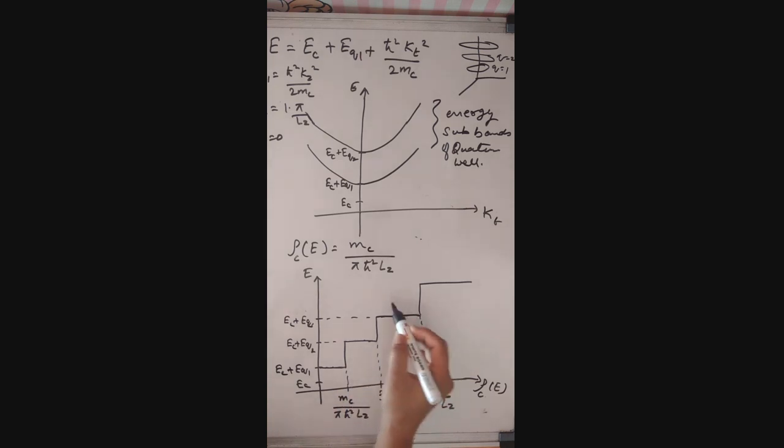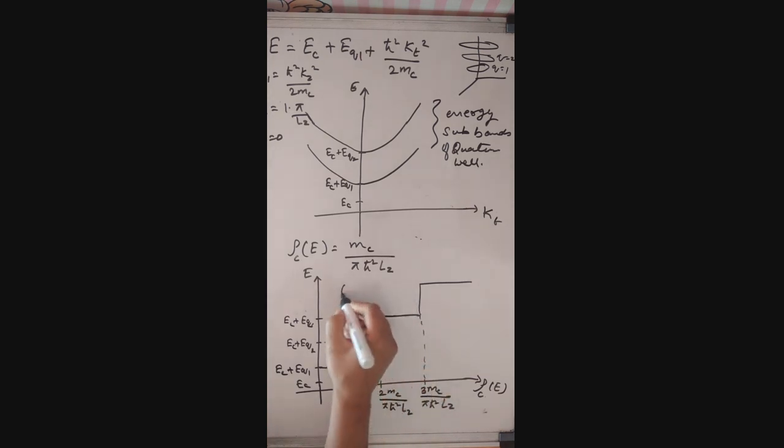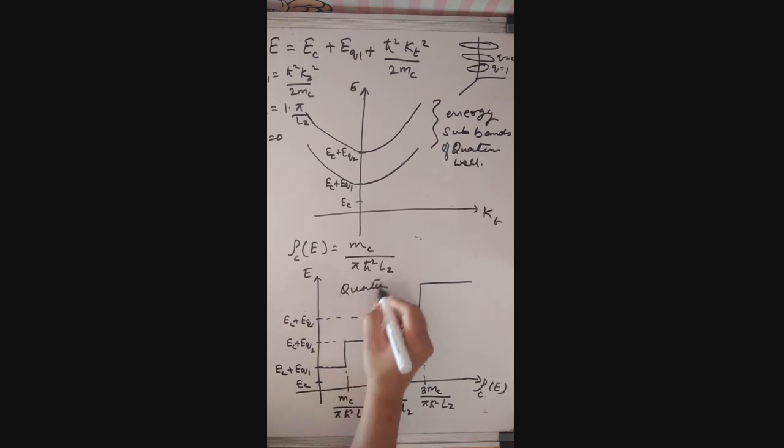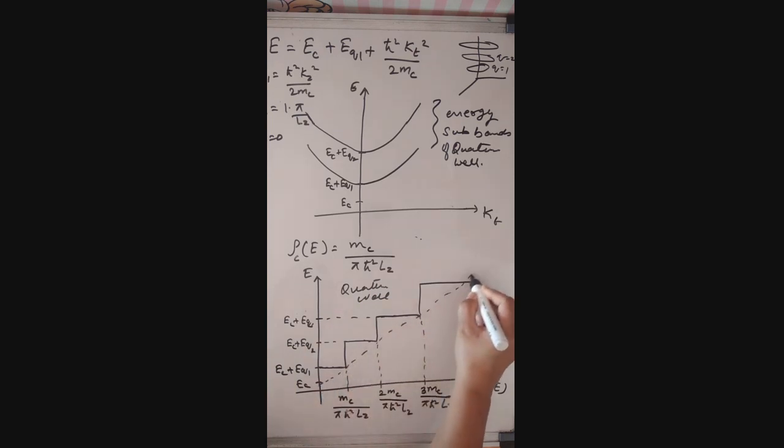This step-like behavior we are getting for a quantum well, or we can say for a 2D structure. But if we plot like this, this dotted line shows you the plot for a bulk structure, or you can say for a 3D structure.